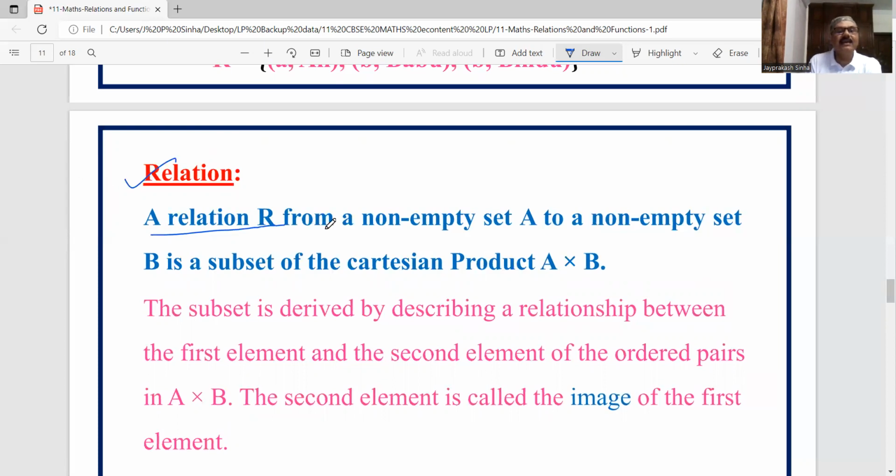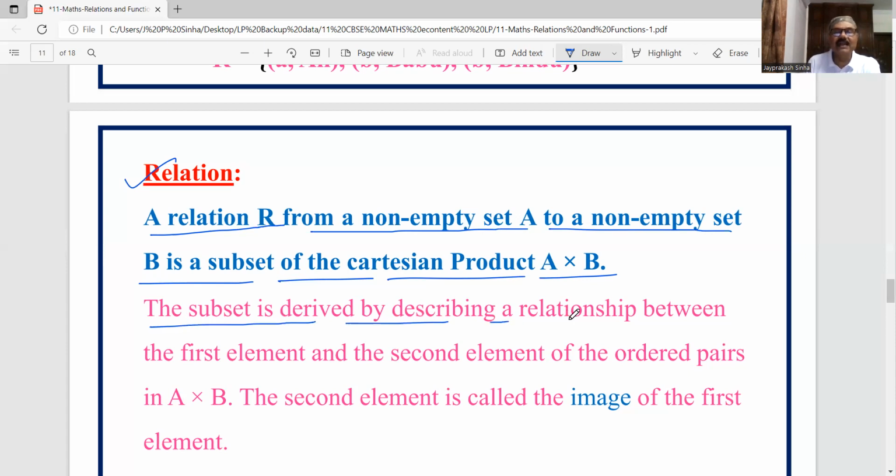A relation R from a non-empty set A to a non-empty set B is a subset of the Cartesian product A cross B. The set is derived by describing a relationship between the first element and the second element of the ordered pairs.